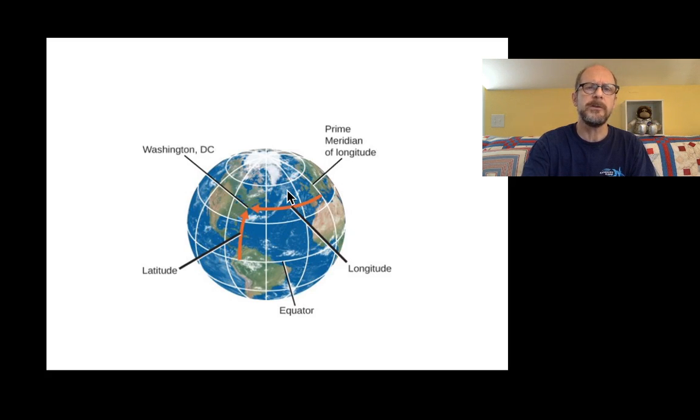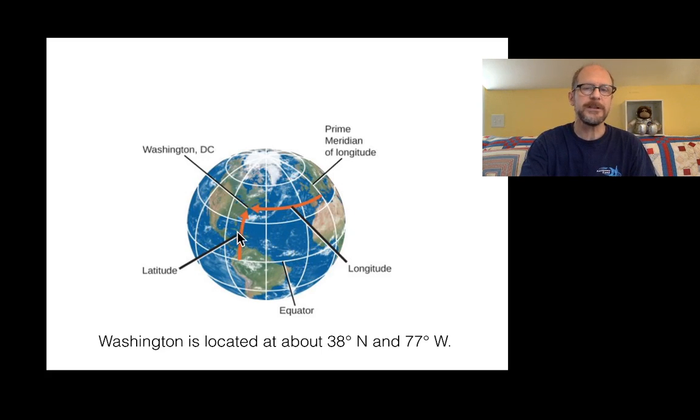From the equator to the North Pole is going to be 90 degrees, so each one of these lines is 30 degrees. The latitude of Washington, D.C. is about 38 degrees north, and the longitude is more than 60, about 77 degrees west. So 38 degrees north, 77 degrees west is the approximate location of Washington, D.C., to the nearest integer degree.